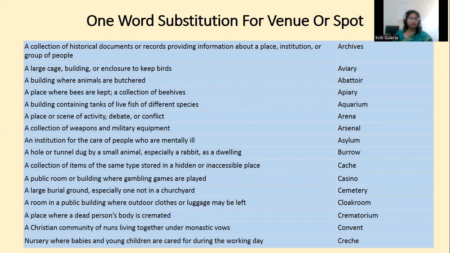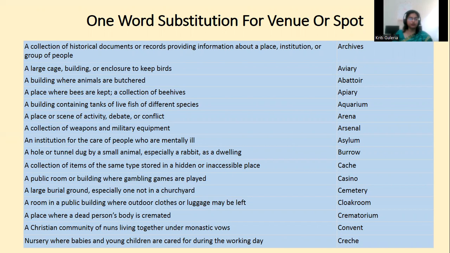And a collection of items of the same type stored in a hidden or inaccessible place is cache. Hidden place: like in your system also, you must be aware of this word cache, something which is hidden. A public room or building where gambling games are played is referred to as casino.